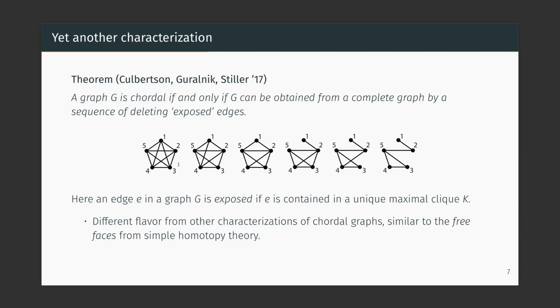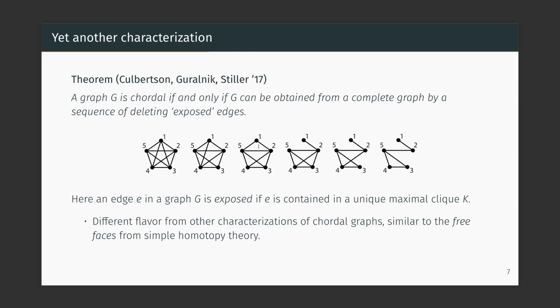Let me give an example here. I start with a complete graph on 5 vertices, and it looks like I removed the edge 1, 3, which is of course in a unique maximal clique, because when I start, there's just the one clique. It's a complete graph to begin with. But now I have some choices. It looks like I've removed 1, 4 because that's in the clique 1, 2, 4, 5, and that's the unique maximal clique it lies in.